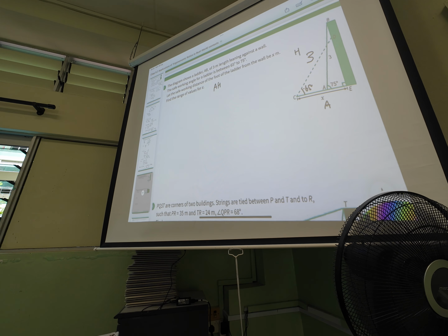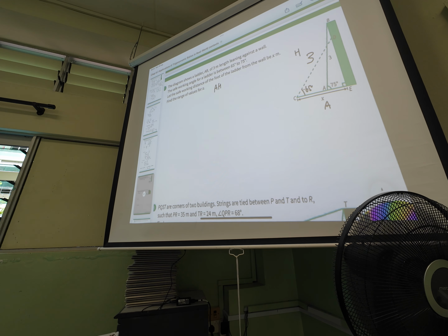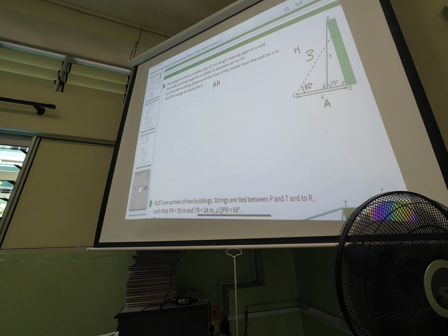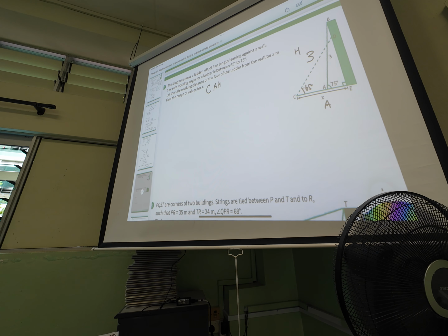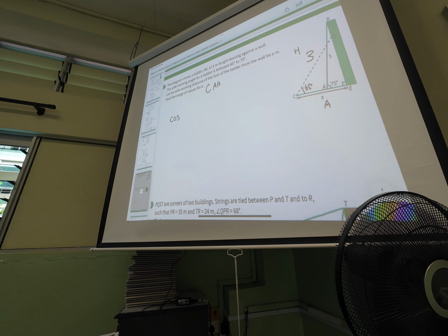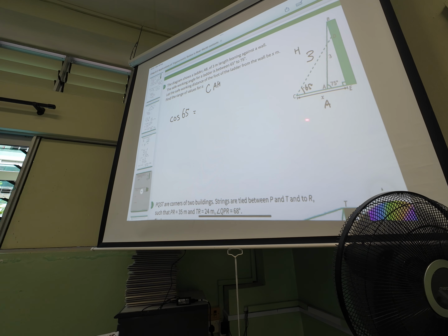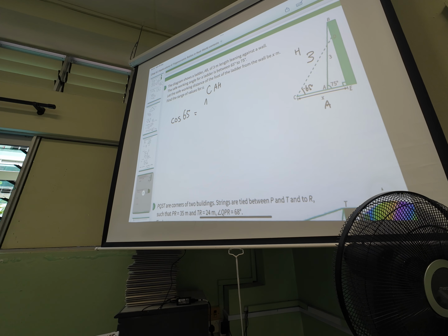Okay? If you still cannot remember, if it starts with sine, then it is "sah", which you never teach before. If it starts with tangent, it is "tah". You also never teach "tah". So it must be "kah", so cosine. Okay? So cosine 65 is adjacent over hypotenuse.